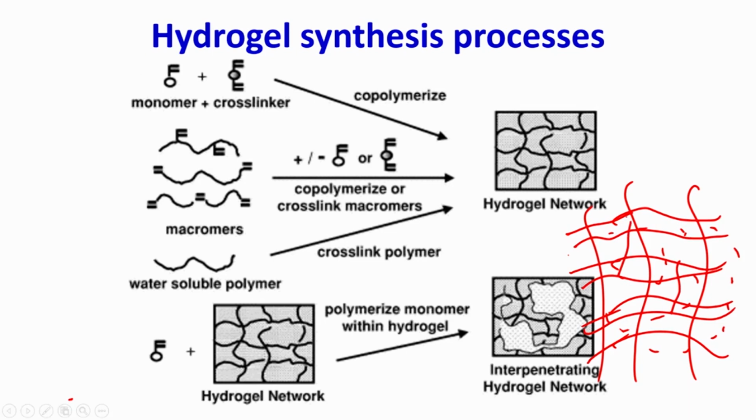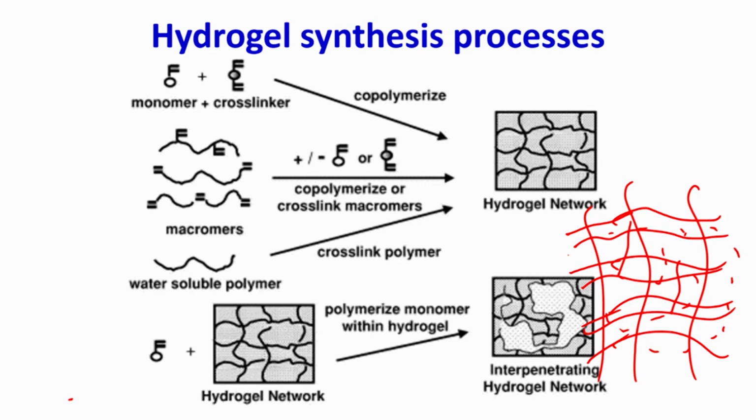So, basically now I am looking at a domain where you have two hydrogels that are interlinked with each other. The chains are crisscrossing through all these polymer networks, causing this kind of interpenetrating hydrogel network.